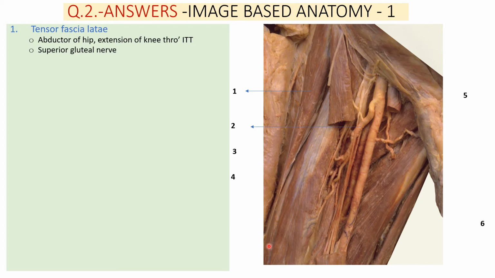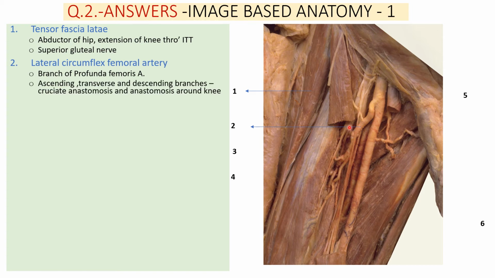Then coming to the second one, it's a blood vessel and it is the lateral circumflex femoral artery. It's a branch of profunda femoris artery, but in this case you are seeing it taking origin from the femoral artery, which is a variation.